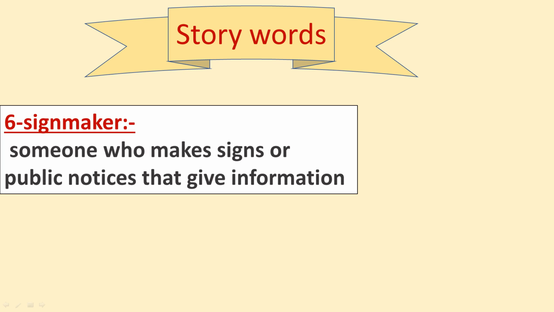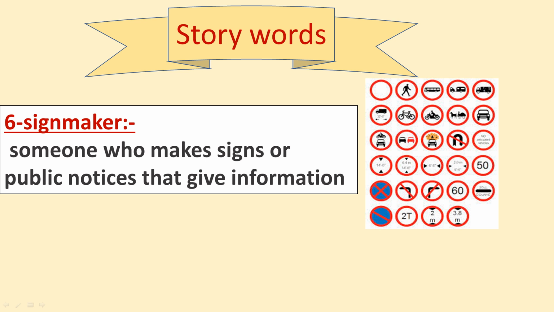Okay? So here we have a lot of signs. I know that most of you kids saw these signs in the streets, like this sign here, for example. That means that the people who have bicycles can pass through that lane.